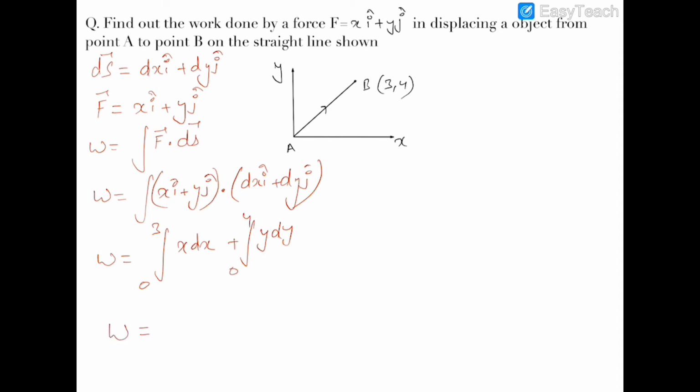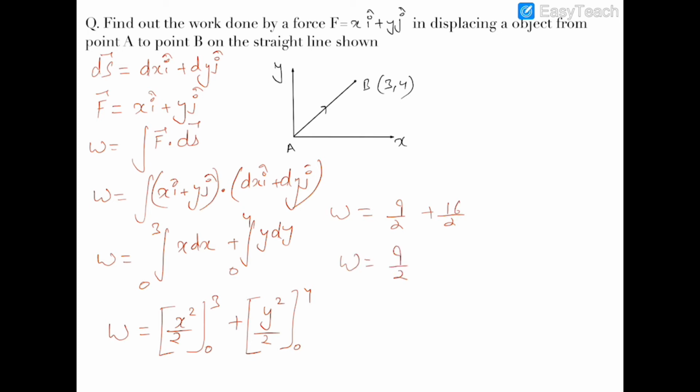So work done will be equal to x square by 2 with limits 0 to 3 plus y square by 2 with limits 0 to 4. So work done will be equal to 9 upon 2 joules plus 16 upon 2 joules, which is 9 upon 2 plus 8, and this will be equal to 25 by 2 joules.